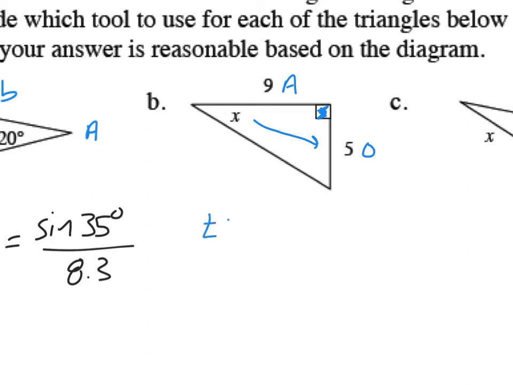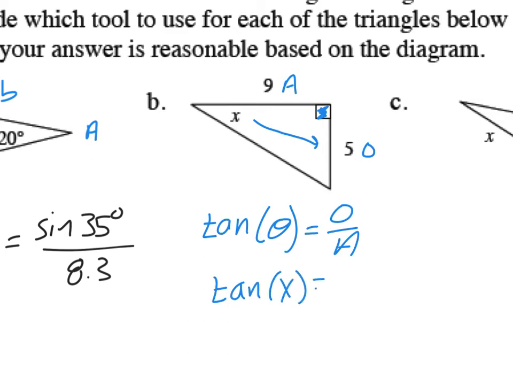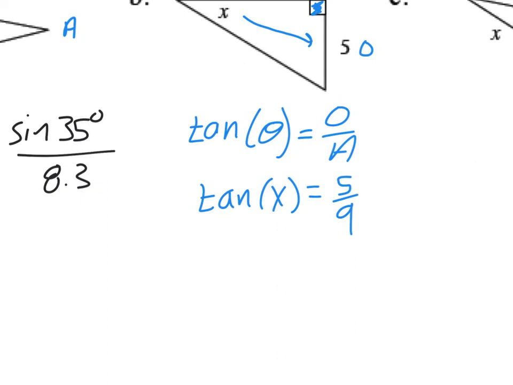That would be tangent. Remember that the tangent of any angle is equal to the opposite leg divided by the adjacent leg. In this case, my angle is x, so the tangent of x is equal to 5 over 9. And remember, to get x all alone, to undo the tangent, we take the inverse tangent of both sides.